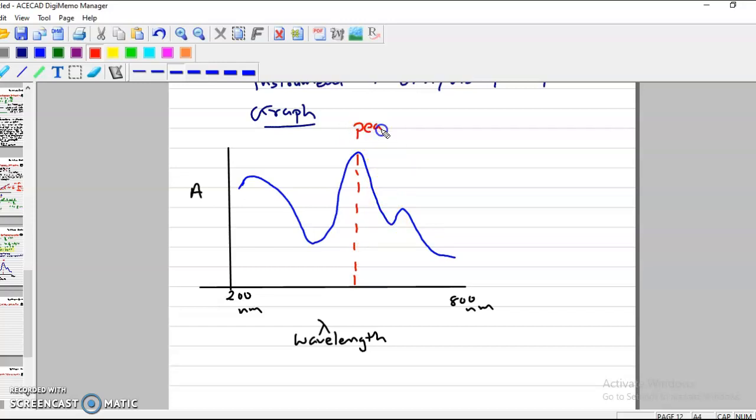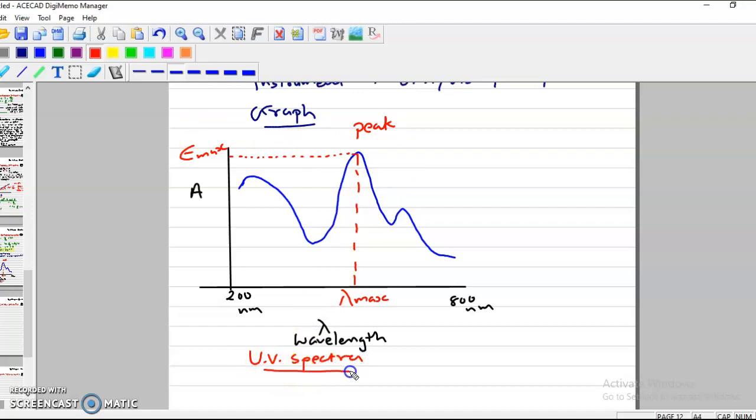This is a peak which we obtain in the UV visible spectrophotometer, and this is called lambda maxima, and the value of absorbance at this peak is called epsilon maxima. So this way we get epsilon maximum, it means highest intensity at this wavelength. This is known as UV spectra or UV visible spectra.